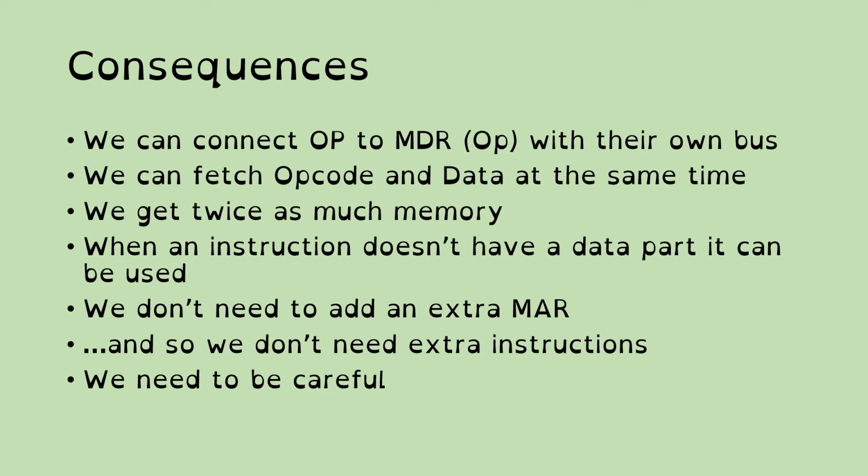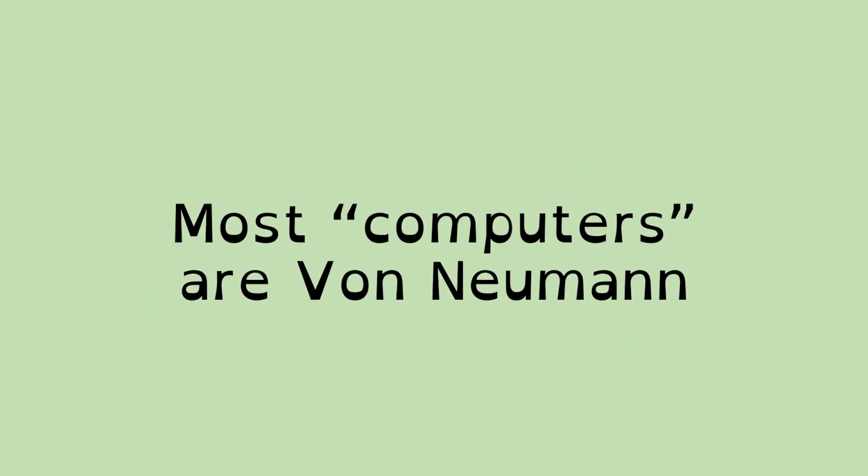We need to make sure we're not overwriting data that's actually used for the program on those particular opcodes where the data half is important, because that data slot is inextricably linked with the opcode slot, because we're just using the one memory address register, so it accesses both of them at the same time. So, a quick roundup of these architecture possibilities then.